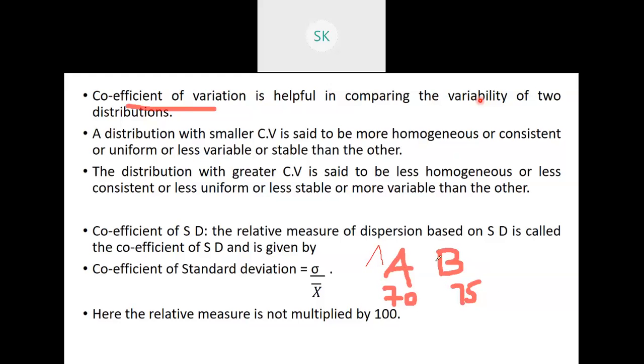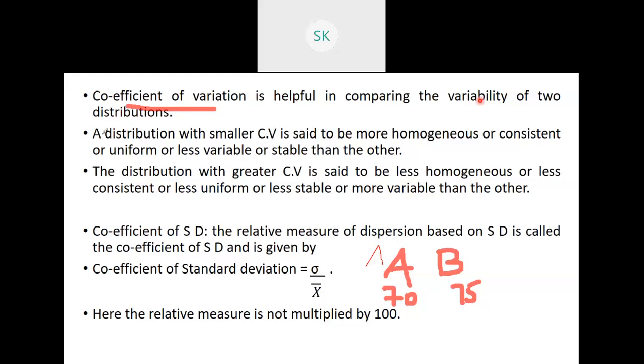Coefficient of variation is always helpful in comparing the variability. It will help us check who is performing better and how they are taking things.